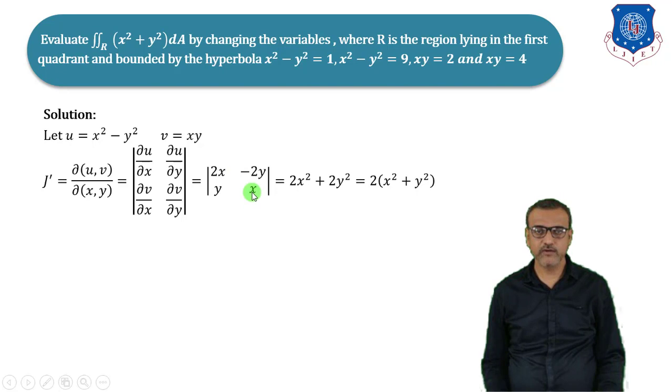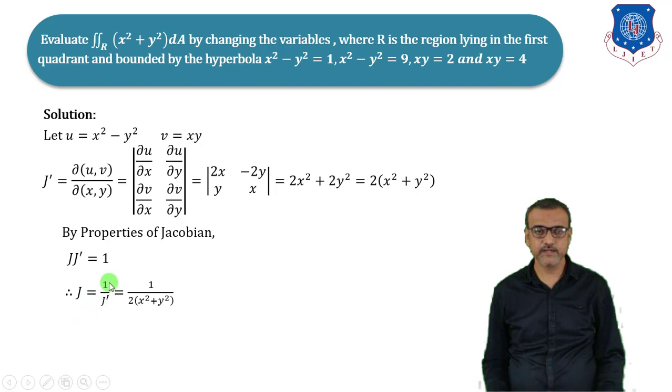2x into x is 2x square, then minus y into minus 2y is plus 2y square. Now taking 2 common, inside the bracket we have x square plus y square. Now by the properties of Jacobian, J into J dash equals 1.